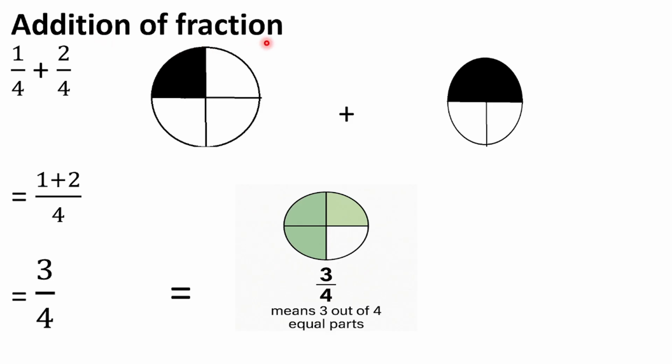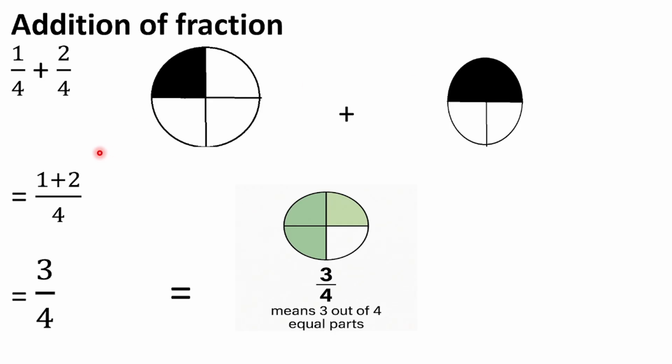Addition of fractions. So how can we add fractions? Let's add 1 divided by 4 with 2 divided by 4. Look at this picture. This is equal to 1 divided by 4, as I told you earlier, and this is equal to 2 divided by 4.